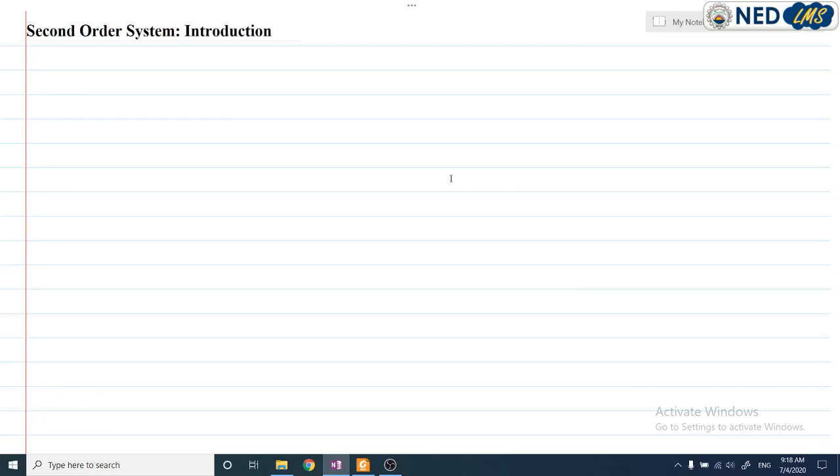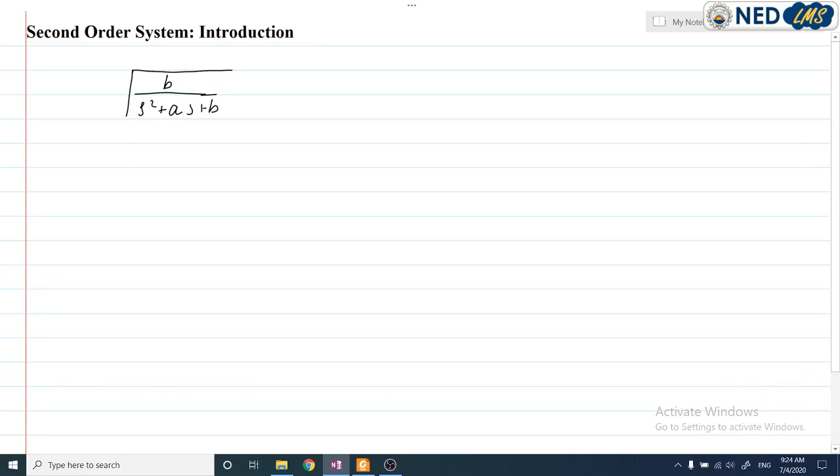To become familiar with the wide range of responses of second order systems, we will solve some examples. Consider a general case of a second order system with 2 poles and no zeros. b upon s square plus a s plus b.